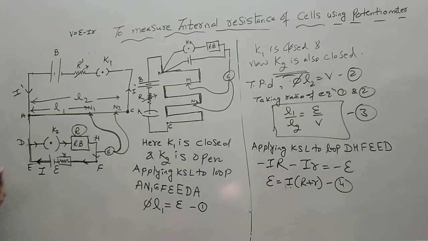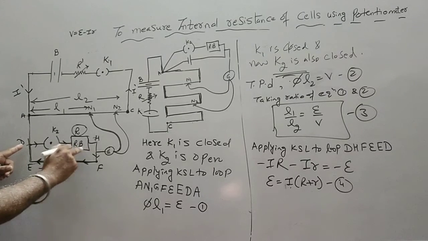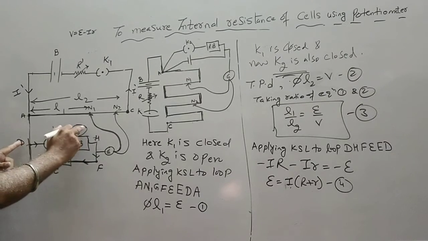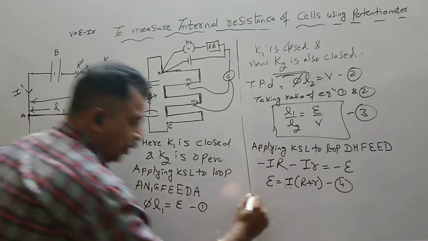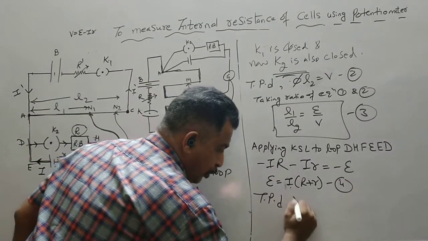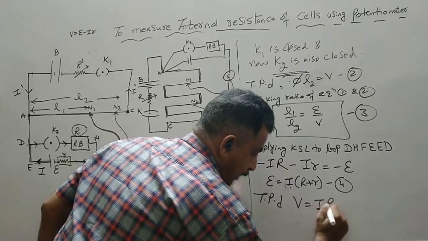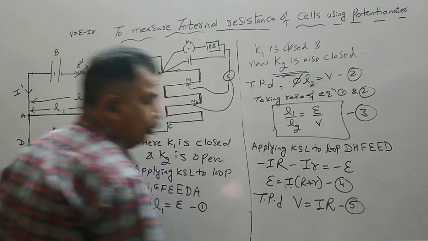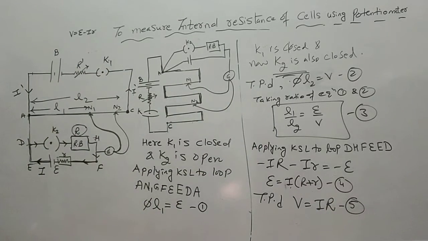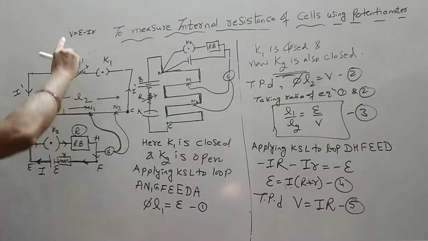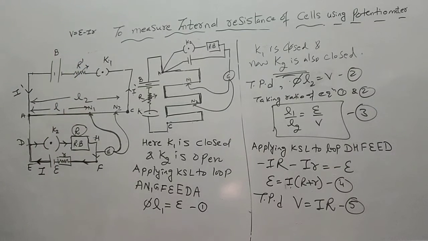Now what is the terminal potential difference? If current is flowing through this resistance box having resistance R, then using Ohm's law, I can write V is equal to IR. There are two ways to find the terminal potential difference.